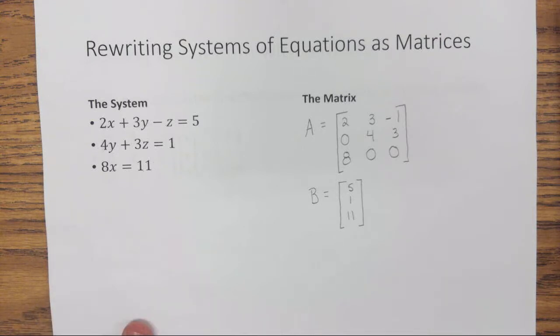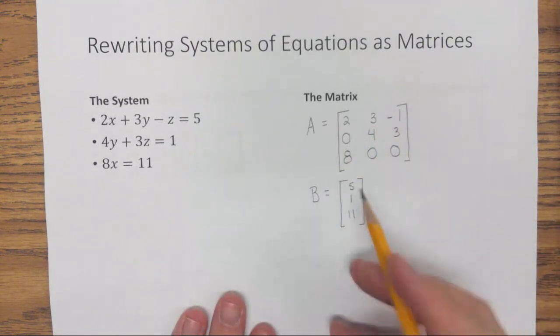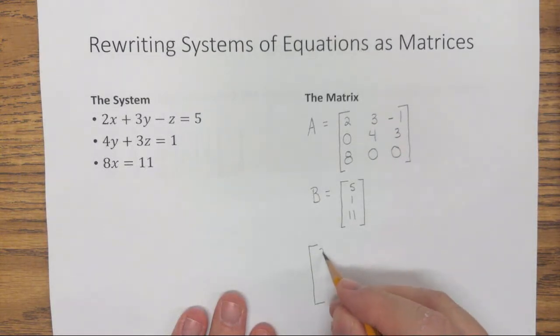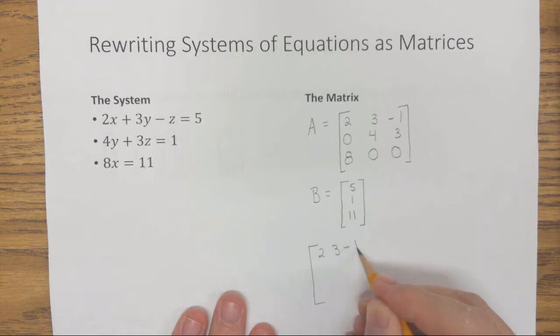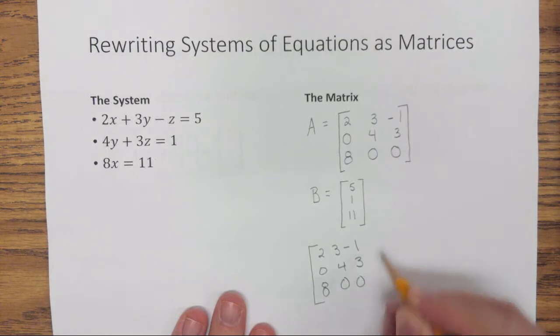Now let's write this as an equation so we can start thinking about solving it. When I write these, I'm going to put matrix A first, just like this: 2, 3, -1, 0, 4, 3, 8, 0, 0.